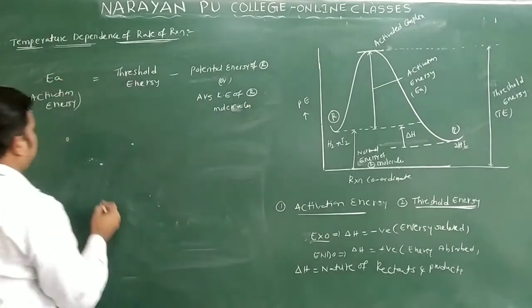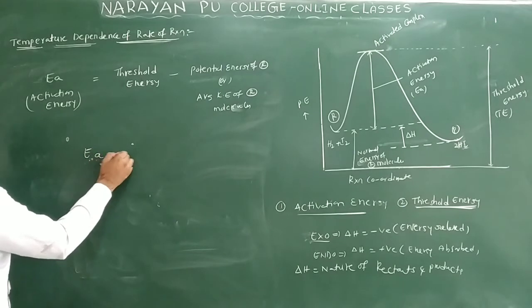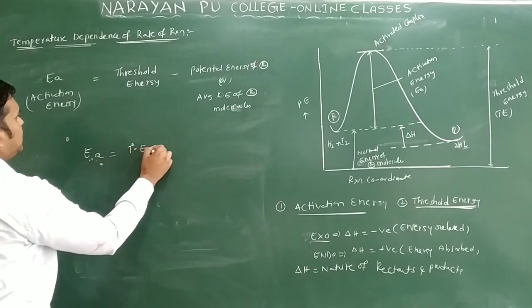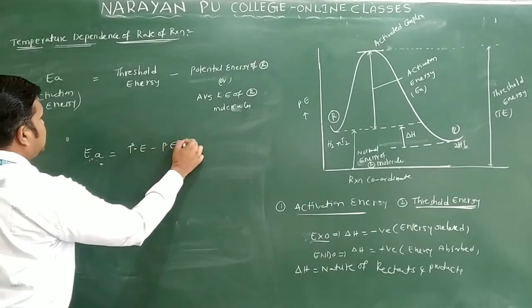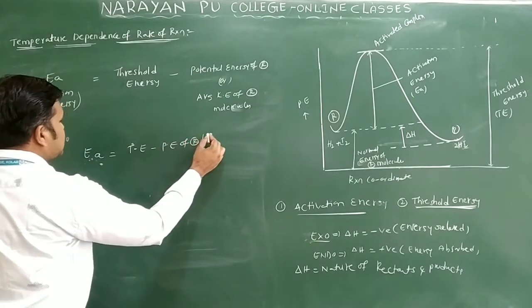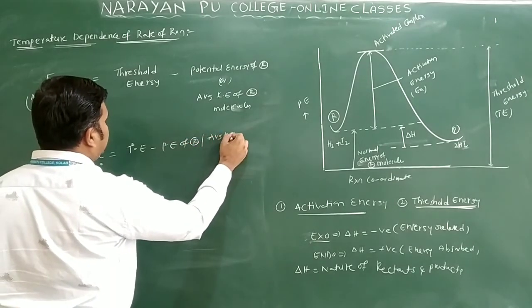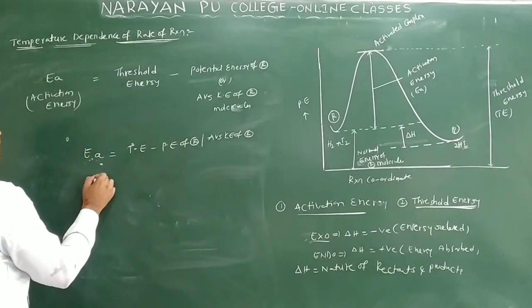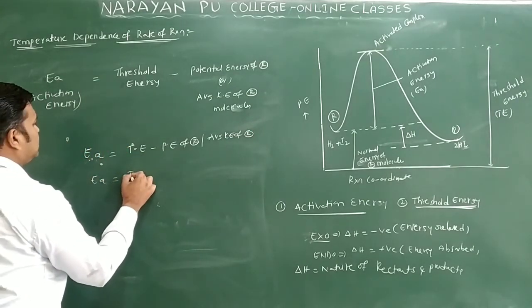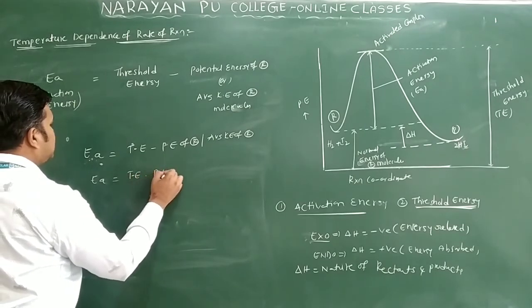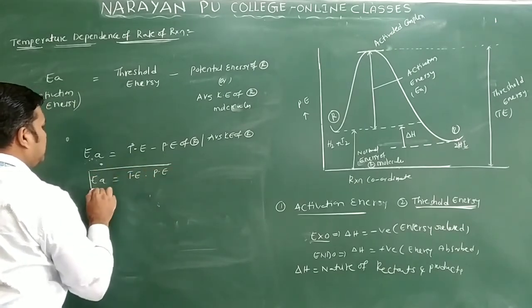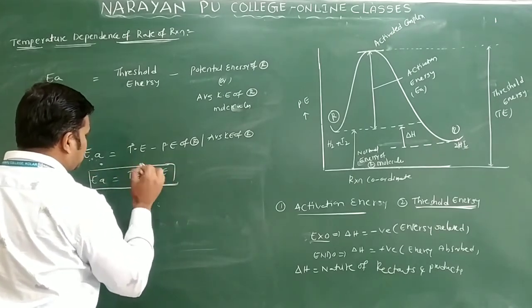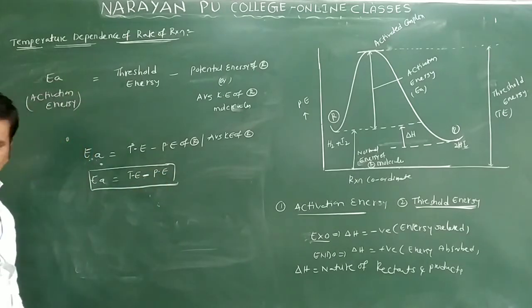So from this I will write here: activation energy EA is equal to threshold energy minus potential energy of the reactants, or we will say the average kinetic energy of the reactants. So we are taking this formula, EA is equal to threshold energy minus potential energy of the reactant molecules.